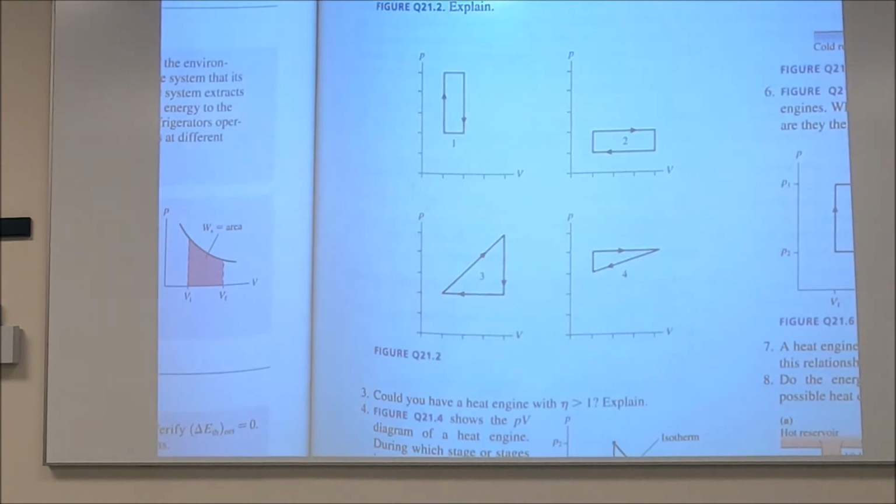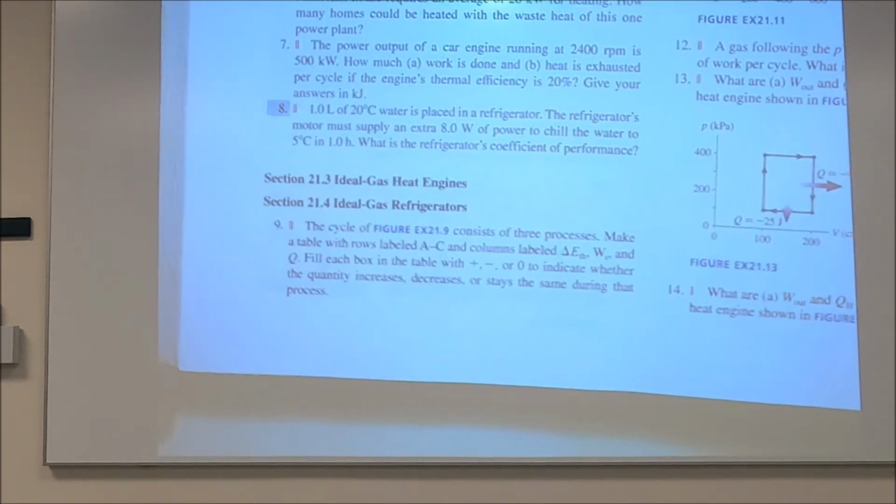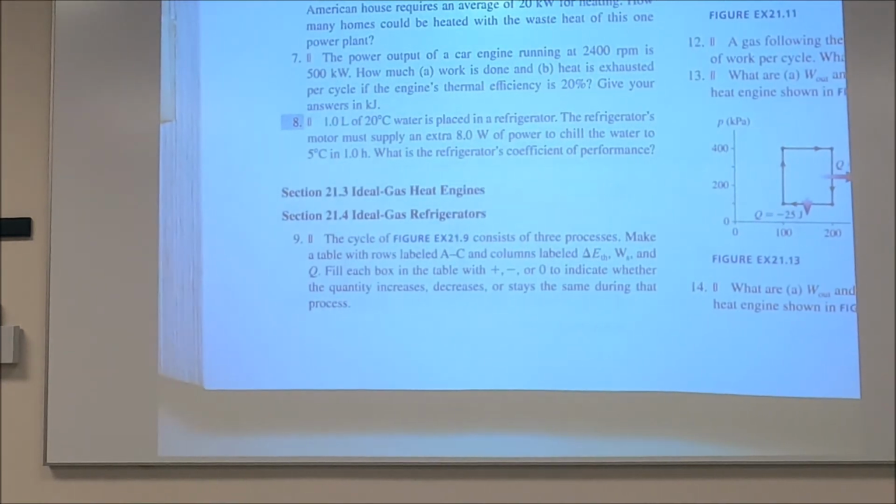Now, the other question that I wanted us to look at here was problem 9 on page 594. So let's flip over to the next page. Let's read the problem and then we'll go to the graph. It says the cycle shown in 21.9 consists of 3 phases.